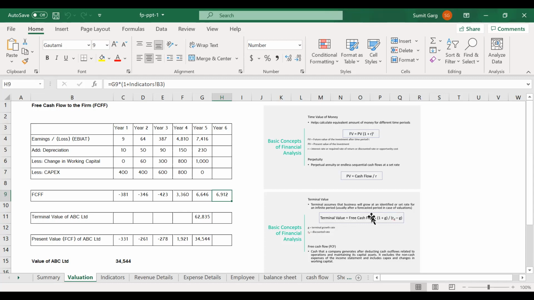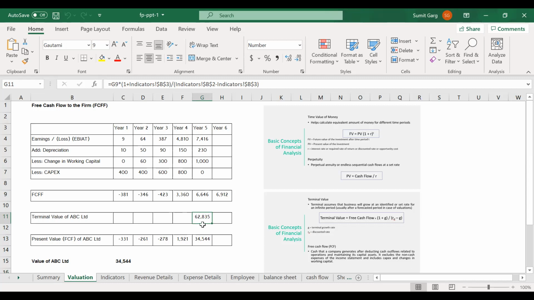Essentially, free cash flow times 1 plus G is nothing but the subsequent year value of the organization. And then we have divided it by the discount rate minus the terminal growth rate. Once we do that, we arrive at a figure of $62.83 million. All these figures are in $1,000.